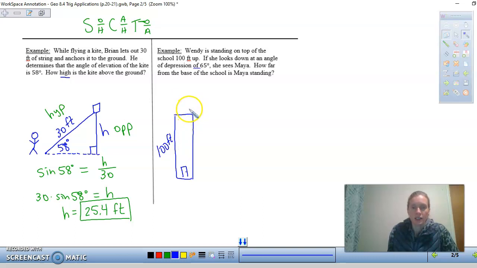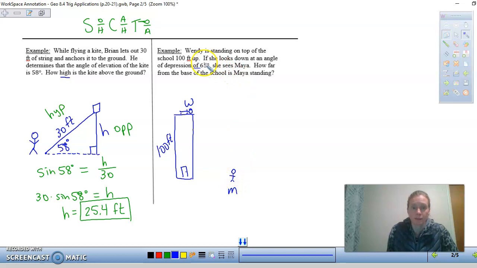And she is looking down at an angle of depression of 65 degrees and sees Maya. Now, to avoid any confusion, we're going to assume Wendy is actually laying down, looking down from the top of the school. Okay, Maya is down here. So we'll say this is W for Wendy, and this is M for Maya.